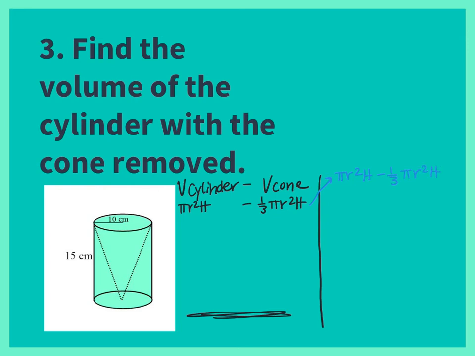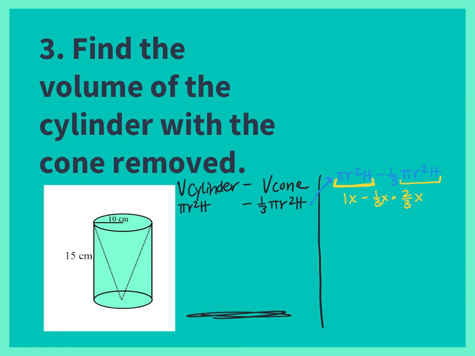If we look at this, pi r squared h is the same thing in both terms. Let's just call that x. Think of it as a variable, which would mean we'd have 1x minus 1/3 x, which is the same thing as 2/3 x.